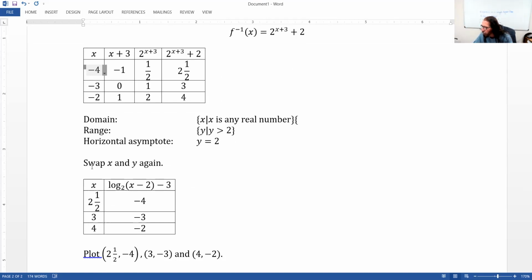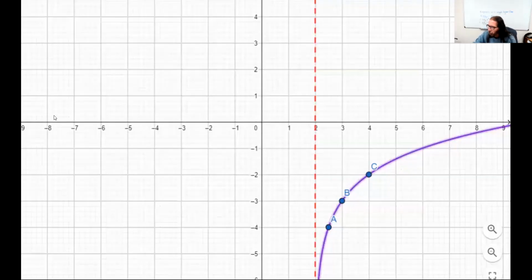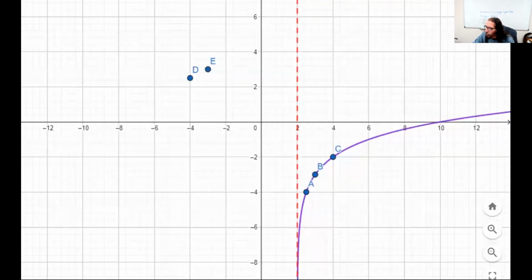Now we saw it already in option 1, but here it is again. However, I also want to show the graph of the transformed exponential function. Let's zoom this out a little bit.